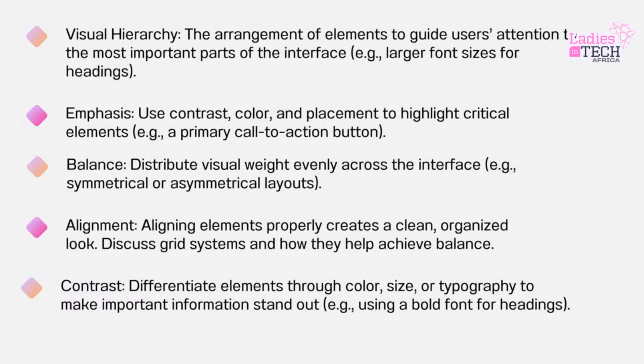So you can look at ways to create the balance. And then visual hierarchy, that's the arrangement of elements to guide the user's attention to the most important parts of the interface.